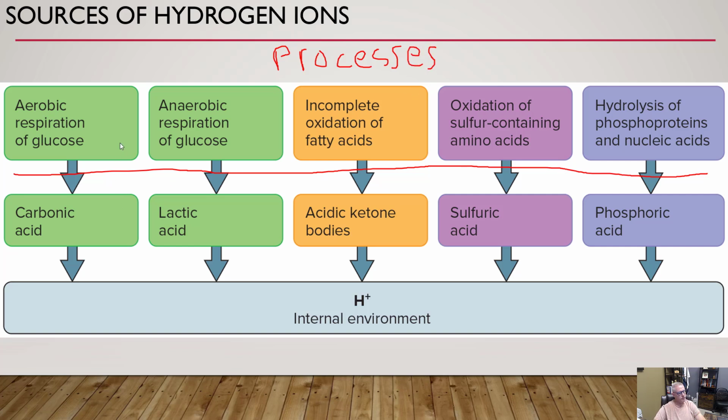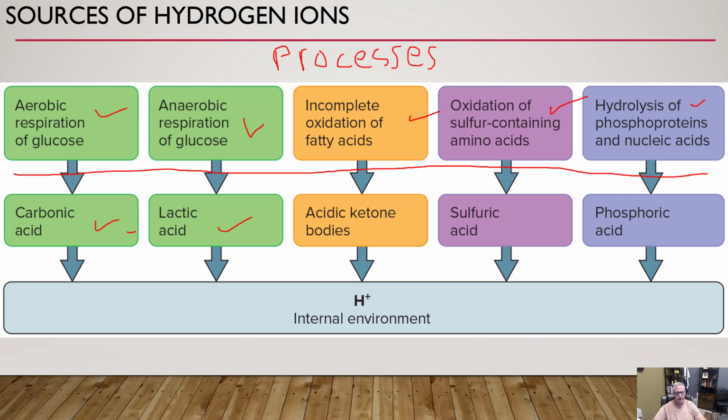There's going to be a test question about which process is going to produce hydrogen ions, and there are going to be some distractors, like carbonic acid, lactic acid, anaerobic respiration, aerobic. So make sure you choose one of these processes and not carbonic acid or lactic acid.